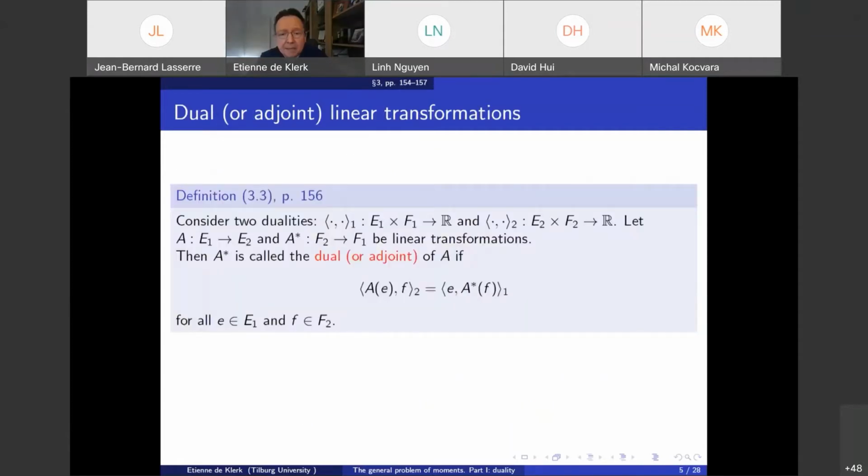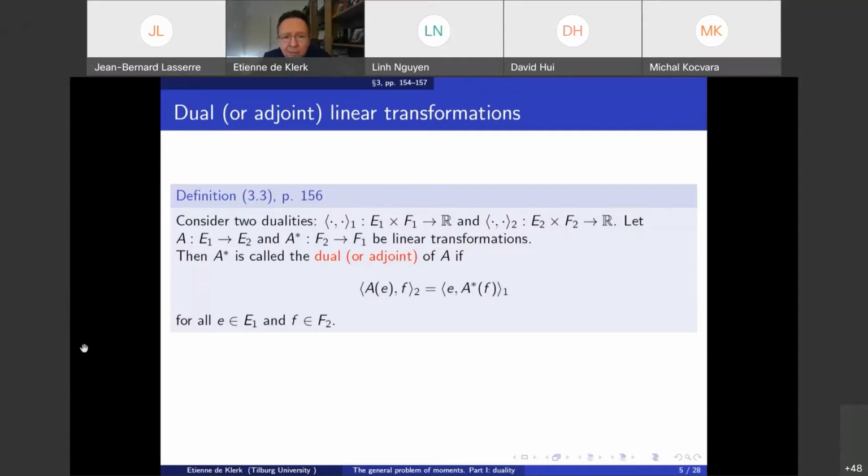Okay, something else that we have in these linear optimization problems are linear constraints, of the form Ax equals b, usually for some linear operator A. And then we also usually have an associated adjoint operator. This concept can be generalized to a more general concept of a dual or adjoint linear operator as follows.